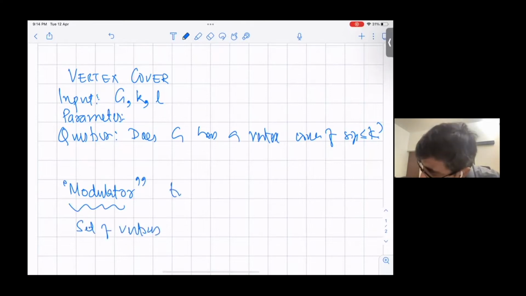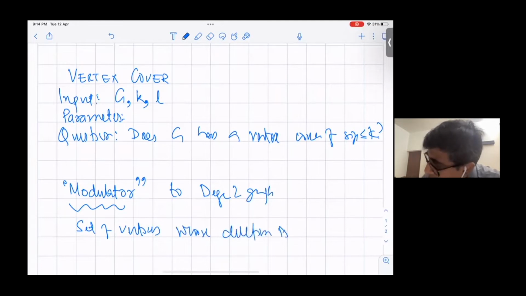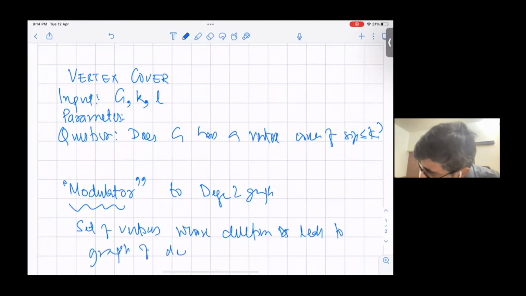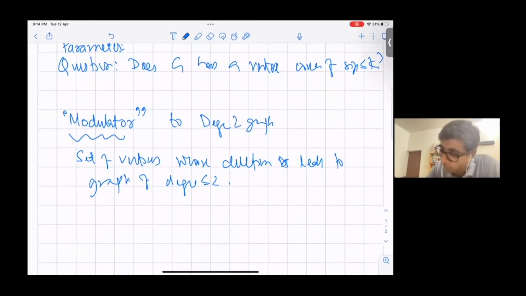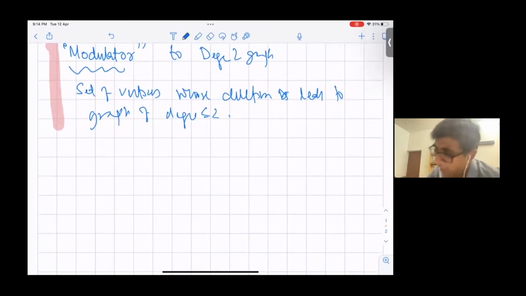So when I say modulator to degree 2 graphs, it means a set of vertices whose deletion leads to a graph of degree at most 2.